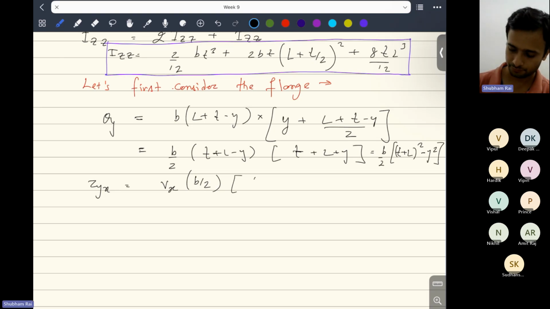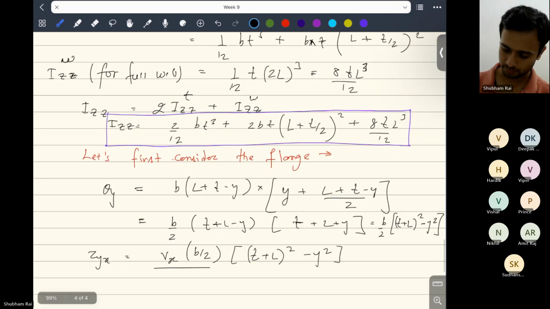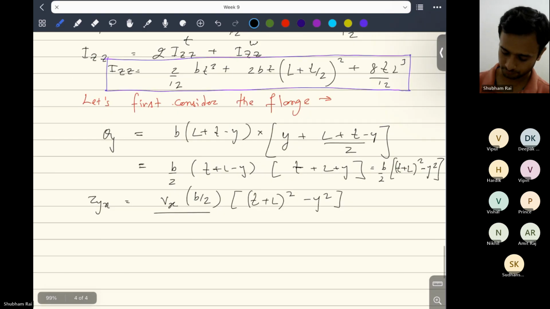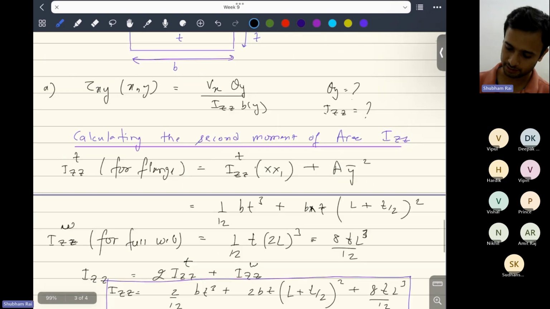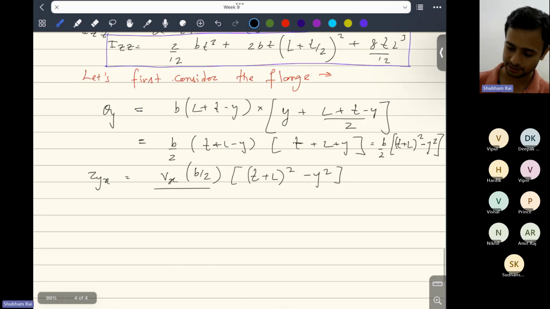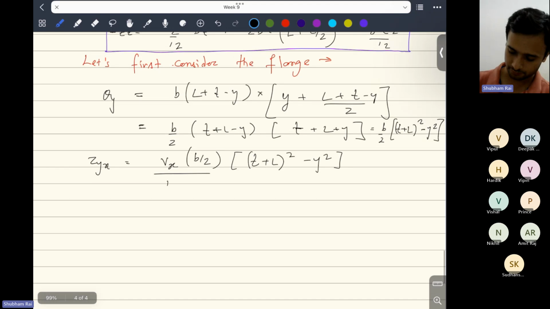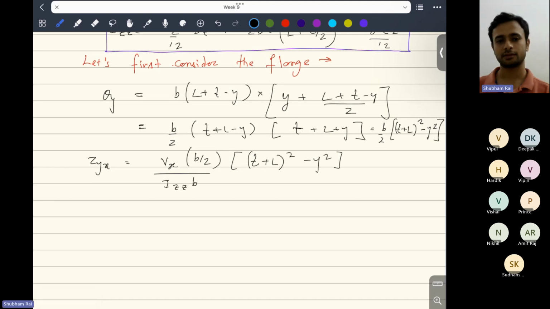So you have T plus L to the whole square minus Y square, and divided by Izz into B. So this is the expression.